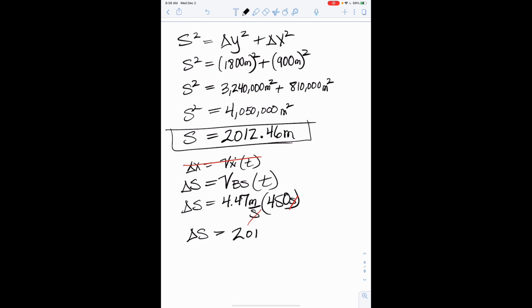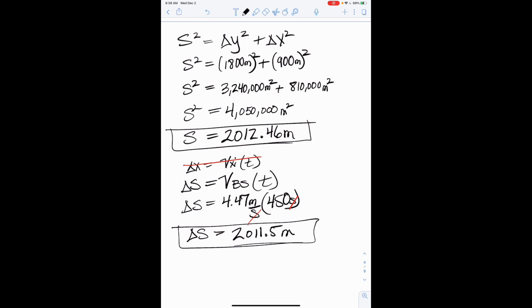A slight difference, because there is some error involved. With sig figs, you would probably be rounding a decent amount here and get it closer to 2012, or maybe just 2000. I'm not sure. Anyways, it's the same answer, which is what we expect. Two different methods, but proving that it's the same thing.